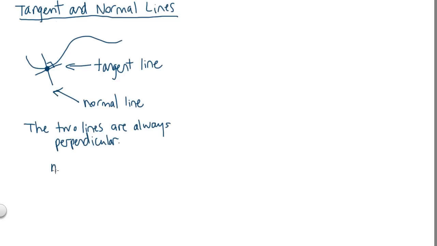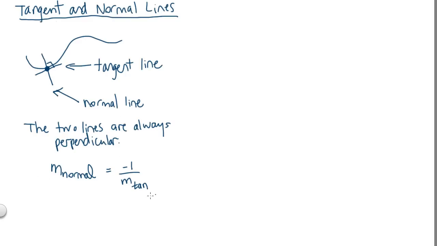Of the normal line, let's write that as m normal, m just being a generic way of describing slope, so m normal represents the slope of the normal line. The slope of the normal line is the negative reciprocal of the slope of the tangent line. Remember, anytime we have perpendicular lines, their two slopes are going to be negative reciprocals.